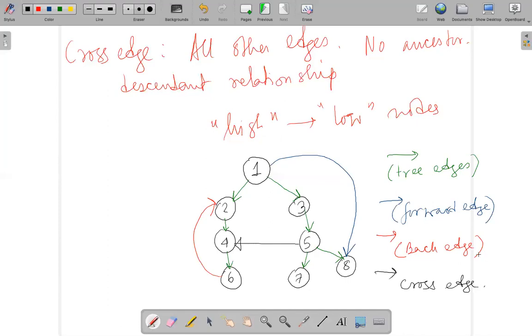However, note that this is also a high to low and this is also a high to low. The tree edge and the forward edge distinction is easy because one is a direct descendant, reached through first exploration, while the other is not. However, the difference between back edge and cross edge is not so apparent.